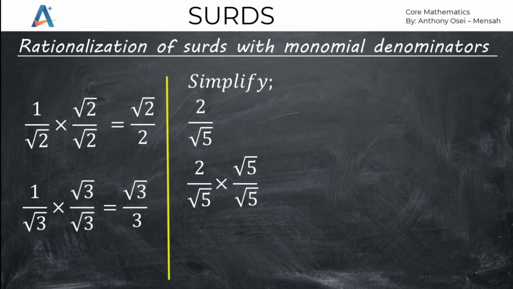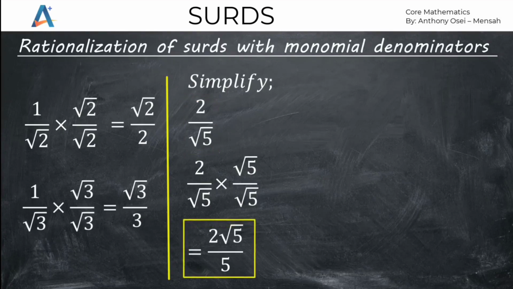Now 2 times root 5 will give us 2 root 5. Then root 5 times root 5 is 5, since a surd multiplied by the same surd gives us a number under the square root sign. So the final answer for 2 divided by root 5 is 2 root 5 all over 5. And that is the final answer. So this means that you have rationalized this surd into this particular answer.